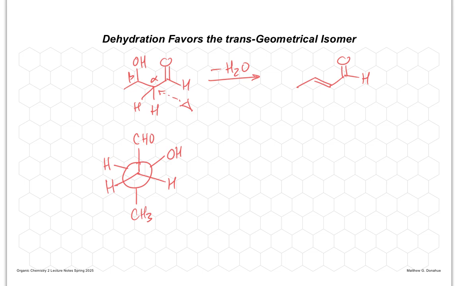So I think I kind of got lucky here. There's the OH of the beta carbon. And then you have H and H. This H right here is the one that gets eliminated.